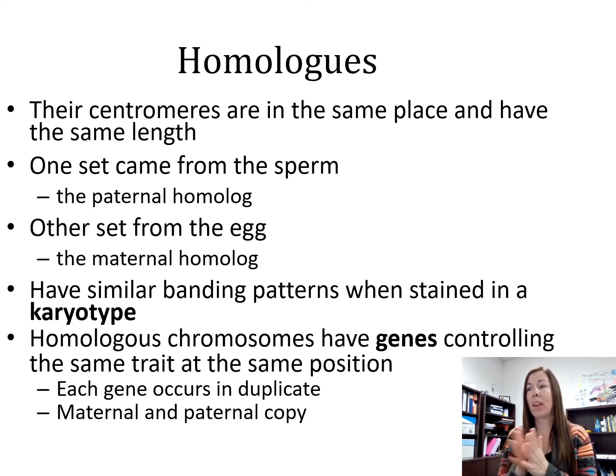They have similar banding patterns if you were to stain those chromosomes. And they have genes that control the same trait at the same position. And so that's what it means to be a homologous pair of chromosomes. One came from mom, one came from dad, but they have some similarities, and of course they have genes that control the same trait at the same position. And each gene will occur in duplicate. You get mom's copy and dad's copy.